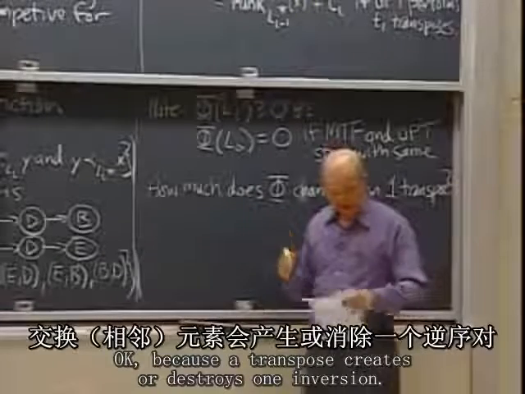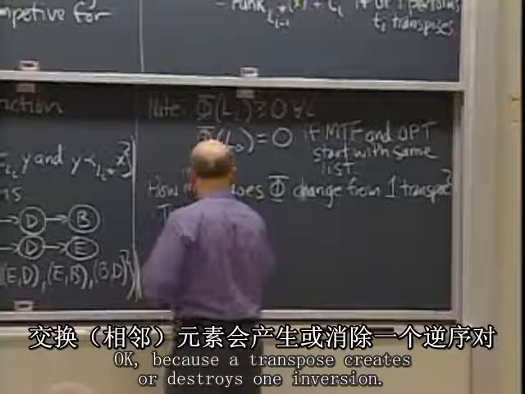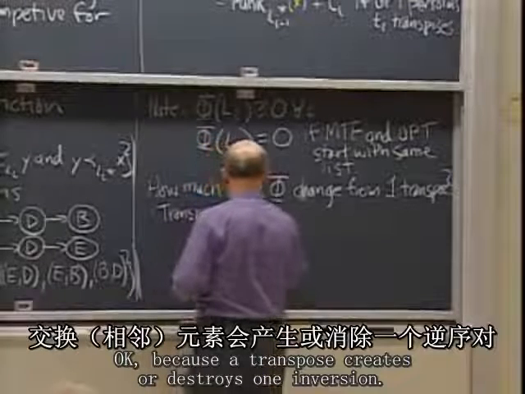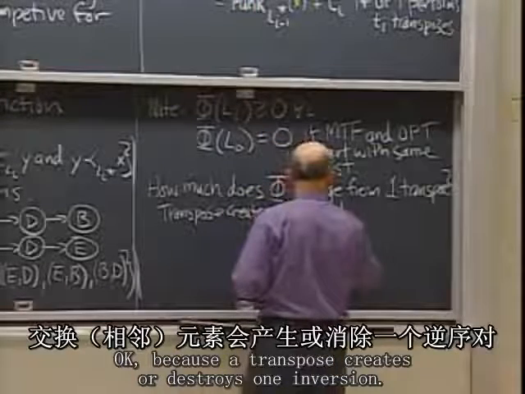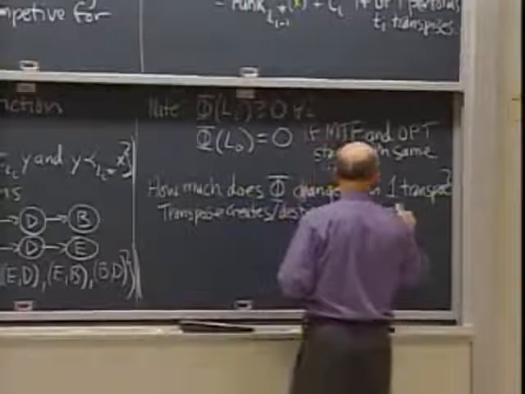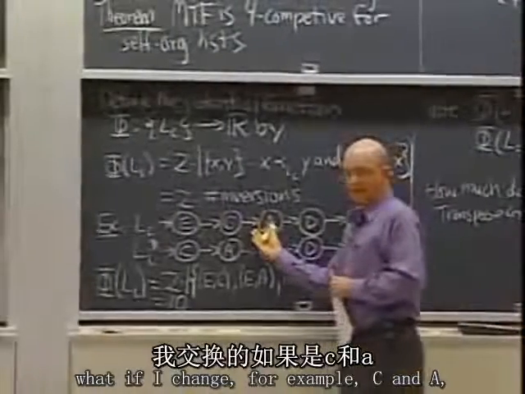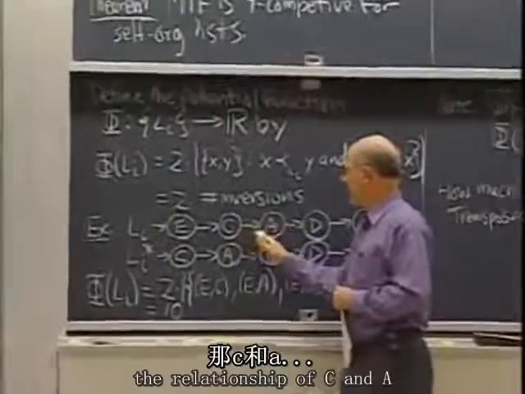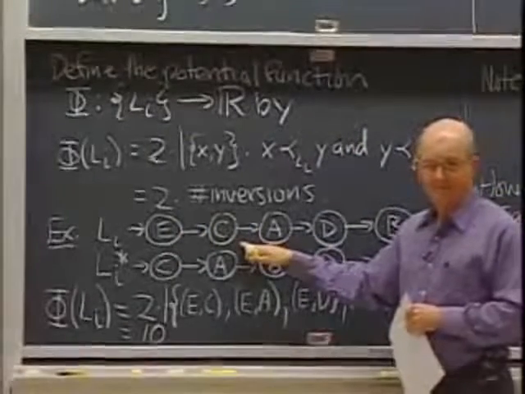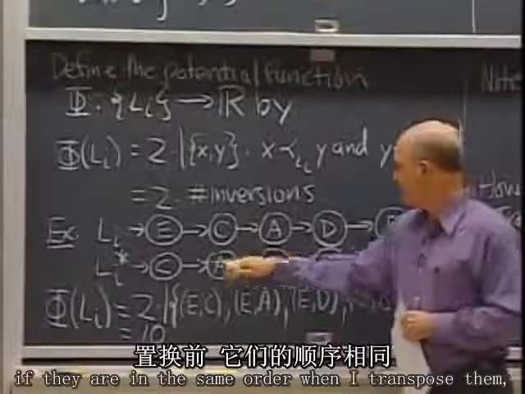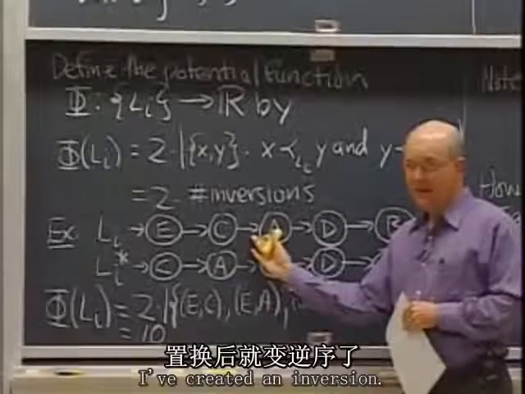Because a transpose creates or destroys one inversion. If you think about it, if I change, for example, C and A, the relationship of C and A to everything else in the list is going to stay the same. The only thing possibly that happens is that if they're in the same order when I transpose them, I've created an inversion.